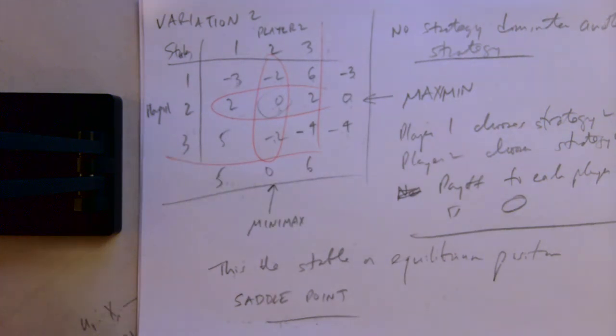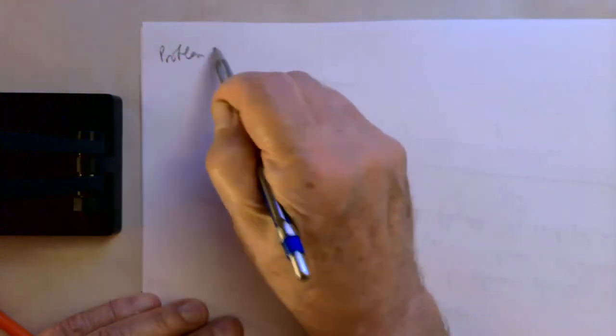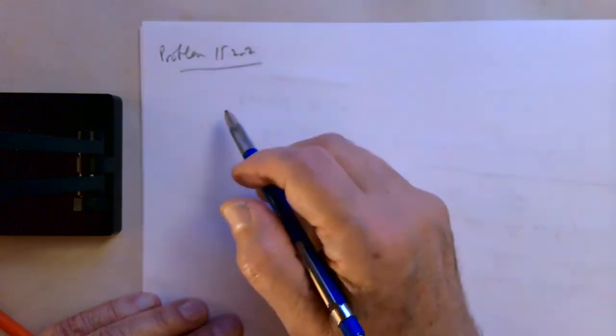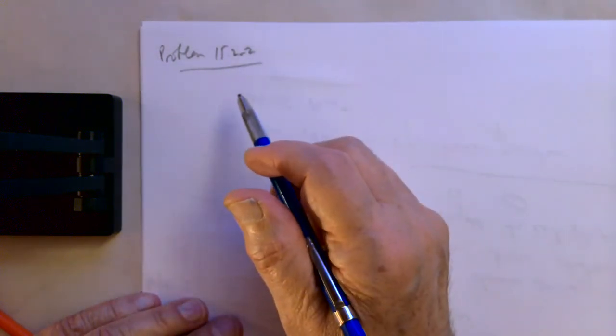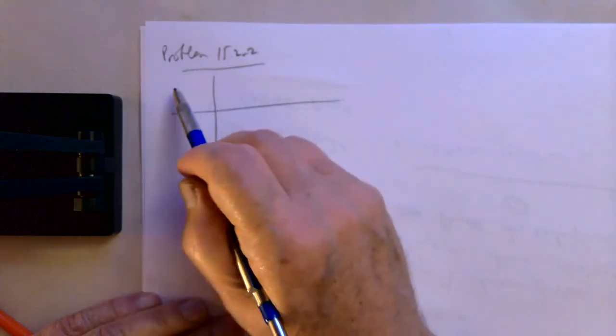This is actually one of the homework problems, problem 15.22. We have a 2-person zero-sum game, again with 3 strategies for each player.